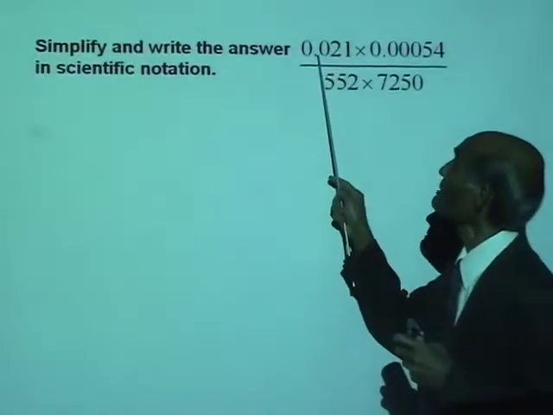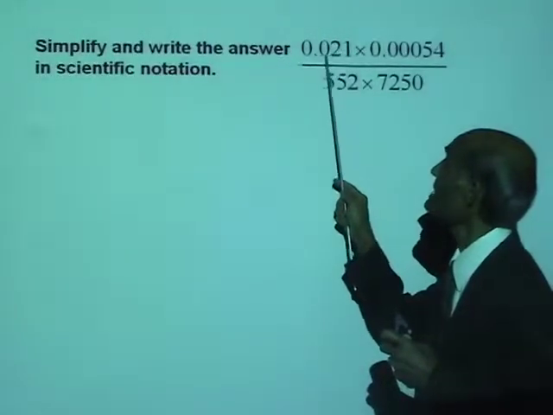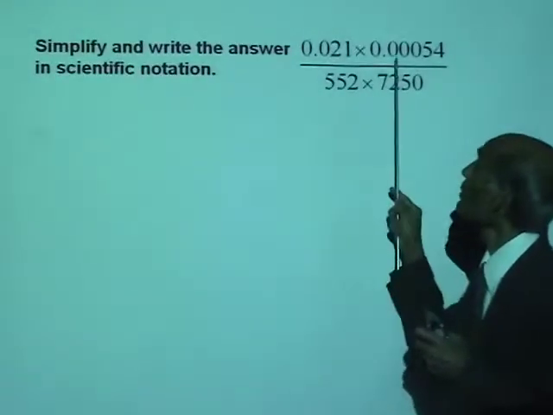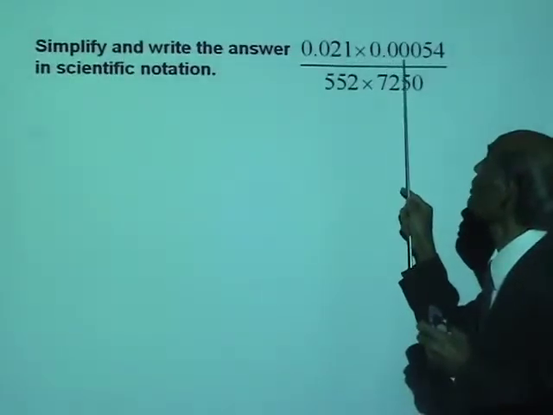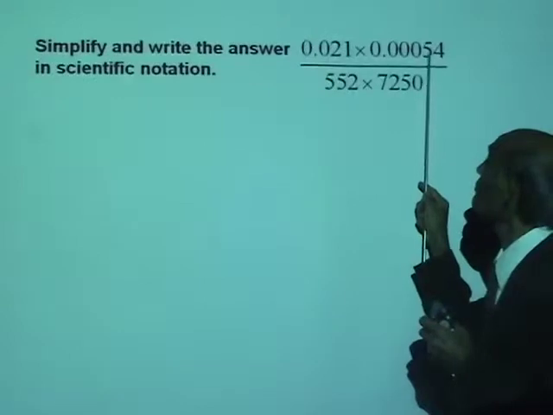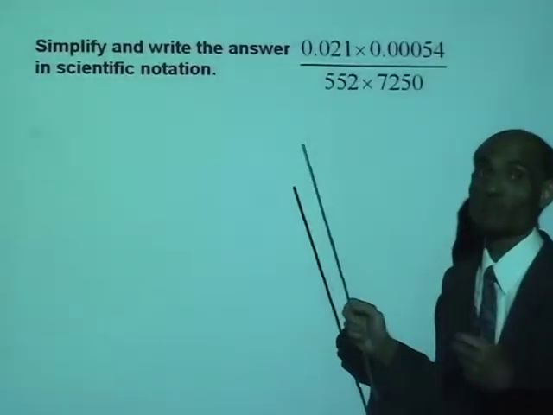So, move the decimal 2 places to the right, so that this will become 2.1 times 10 to the power of -2. And what is this? Move the decimal 4 places to the right to bring it here. This is 5.4 times 10 to the -4.